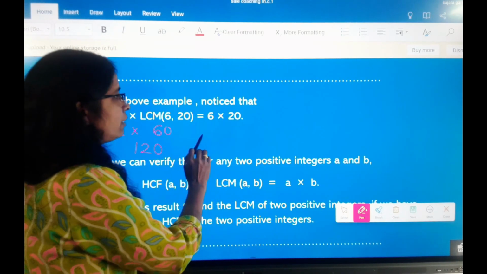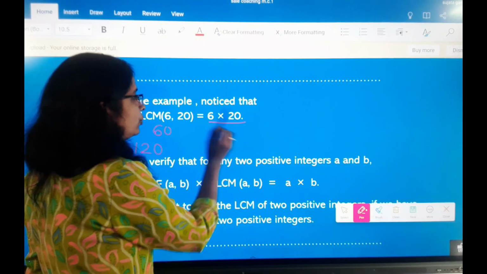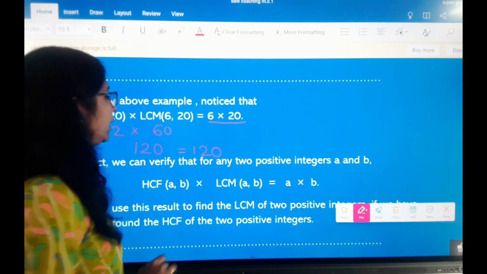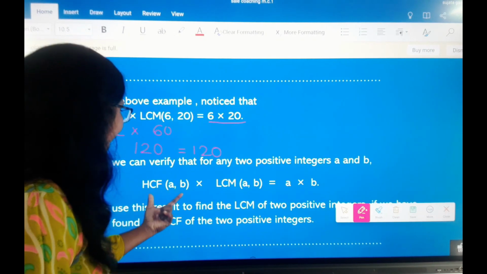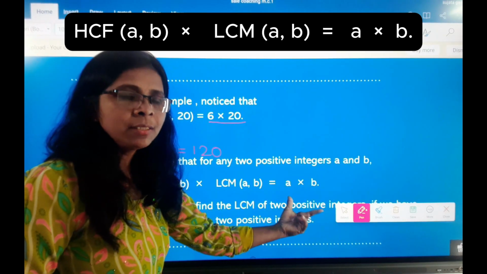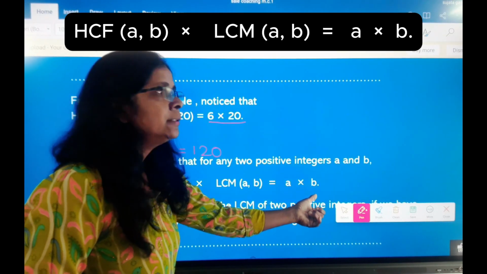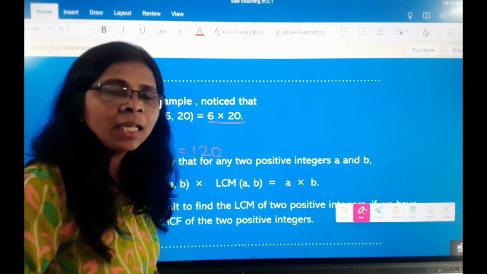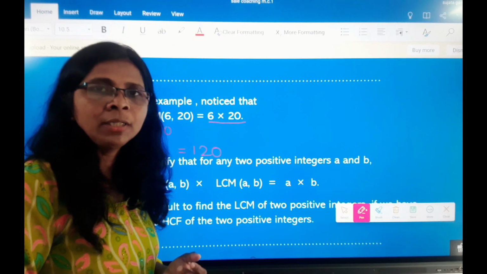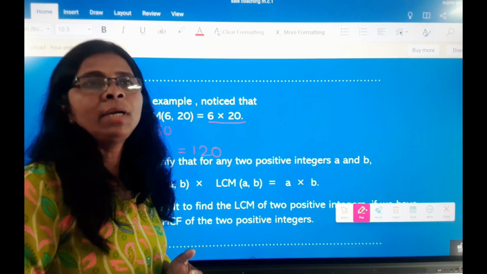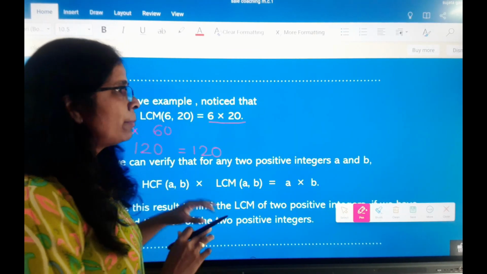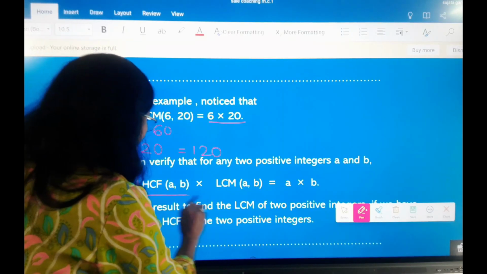The product of the given numbers is also 120. So we can say that the product of HCF and LCM is equal to the product of the first given number and the second given number. Okay, so here we get this result.